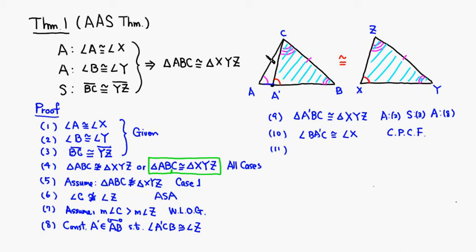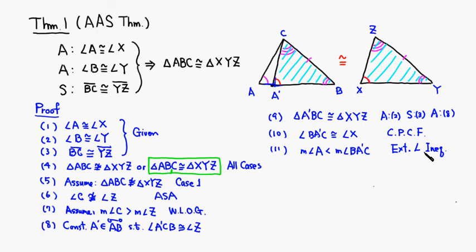You can see that this angle is an exterior angle, and angle A is the opposite interior angle. So we know that the measure of angle A is strictly smaller than its corresponding exterior angle, which is the measure of angle B A prime C. This is the exterior angle inequality.